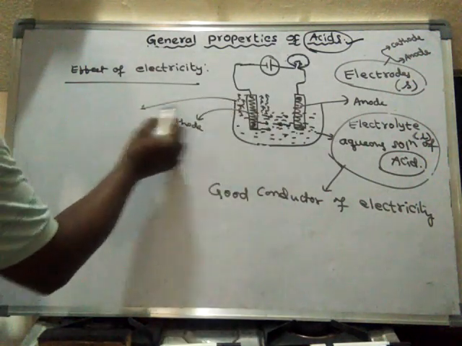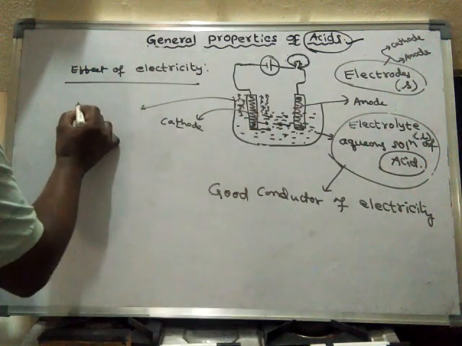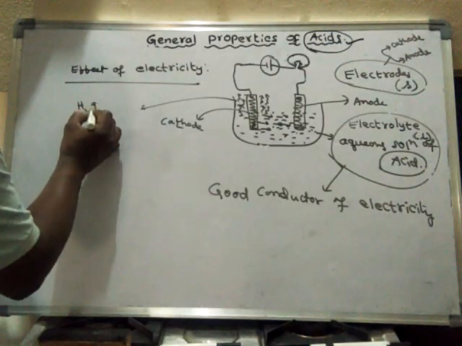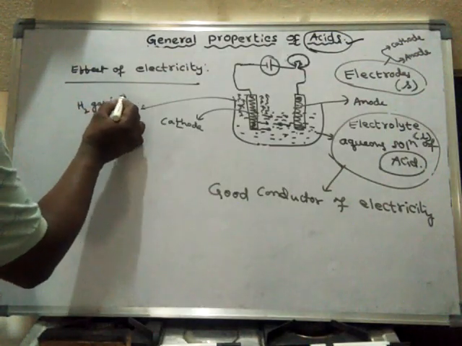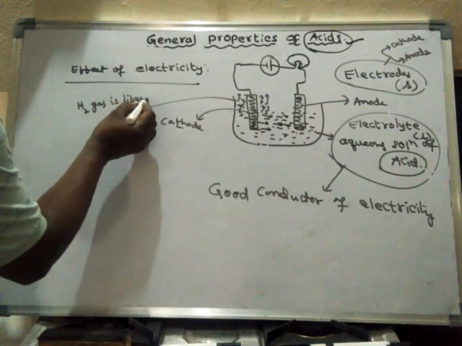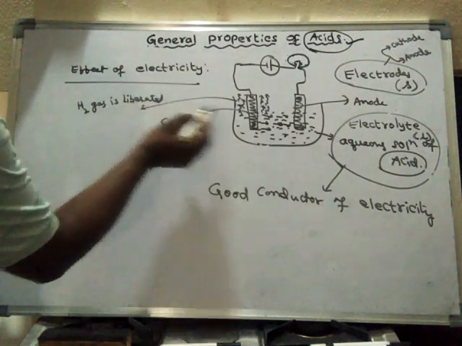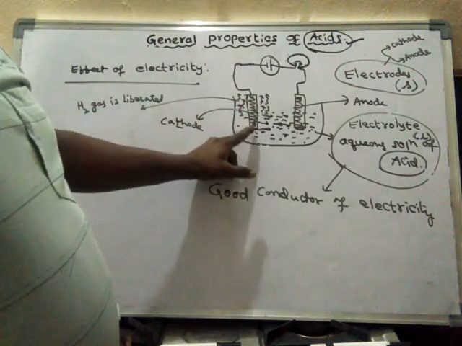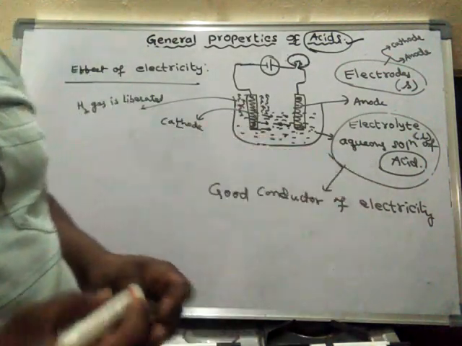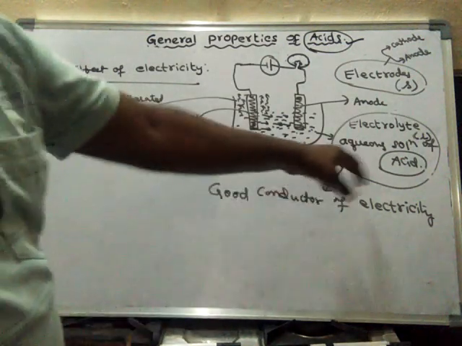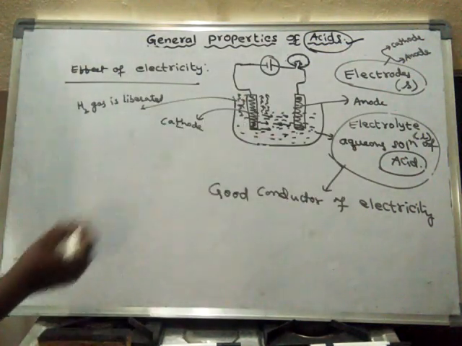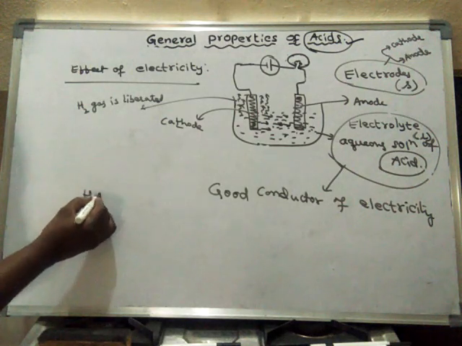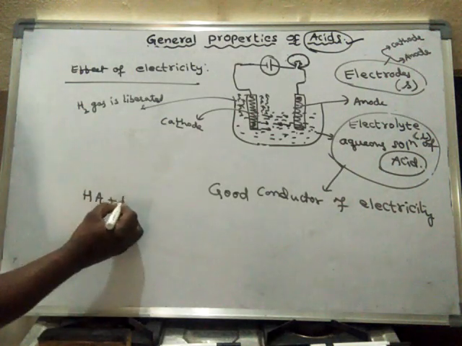Hydrogen gas is liberated at the cathode when electricity is passed through the aqueous solution of acids. Acid is generally denoted like this in water.